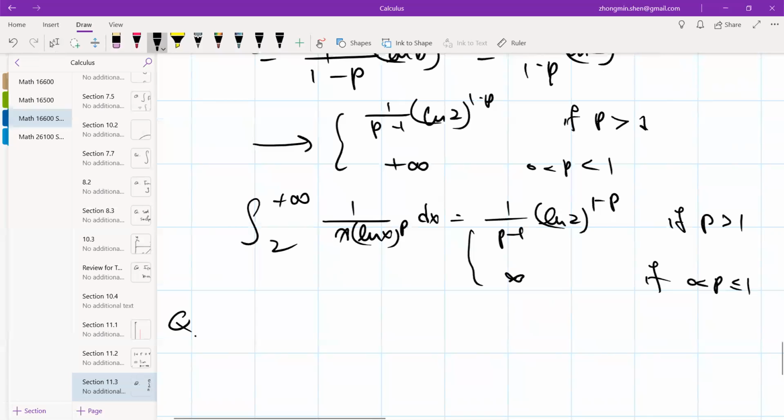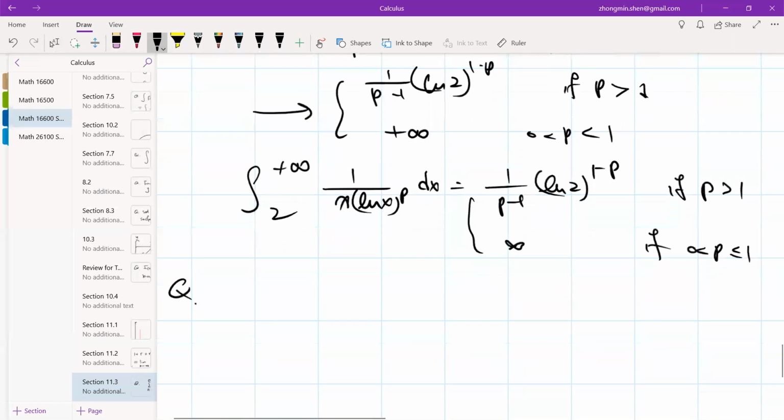All right, let's take a look at some examples from the book. Determine whether the series is convergent or divergent.